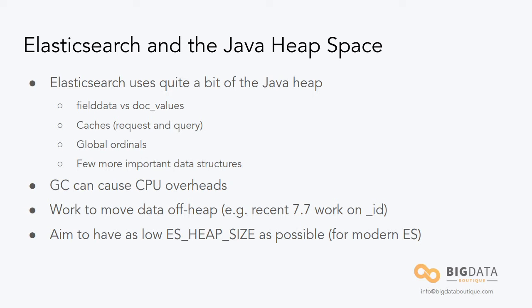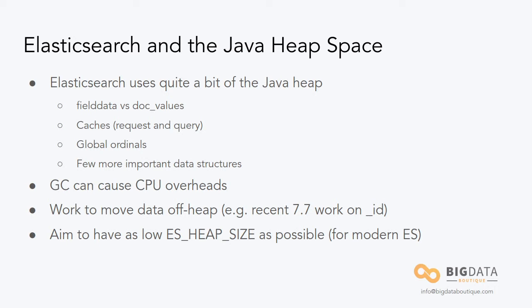Elasticsearch is using that for quite a lot of things, for caches and global ordinals, which are data structures that are being used by some aggregations. Quite a lot of small data structures that are important to the operation but are not the big deal breaker, and probably the most famous ones are the field data data structures, which historically have been the default for Elasticsearch.